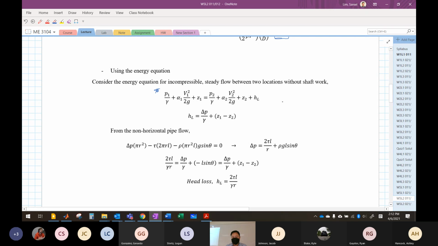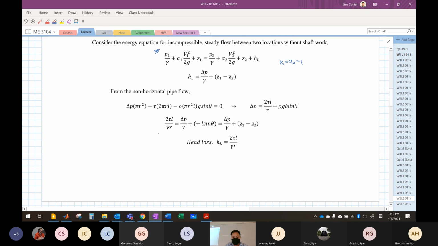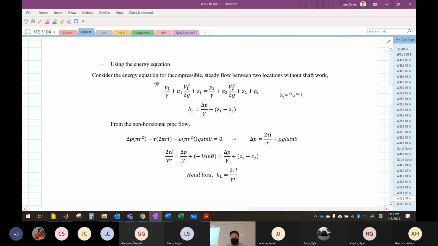Then we can rearrange the terms for the head loss, which is the same as the pressure loss, and this is head loss because you can divide by rho g for the entire equation.